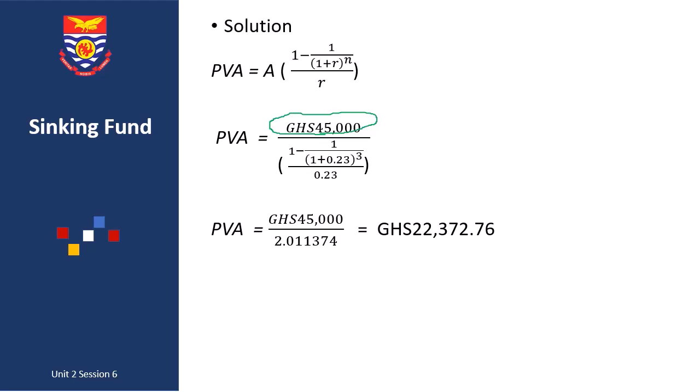So PVA, which is the present value of annuity, is 22,372.76. It means if you want to get this 45,000 Ghana cedis in year 3 to roof the house, he will need to set aside 22,372 Ghana cedis today at an interest rate of 23% so that he'll be able to get 45,000 at the end of the 3rd year.